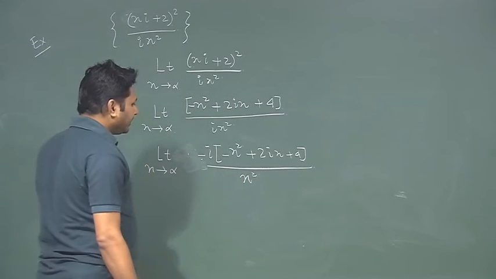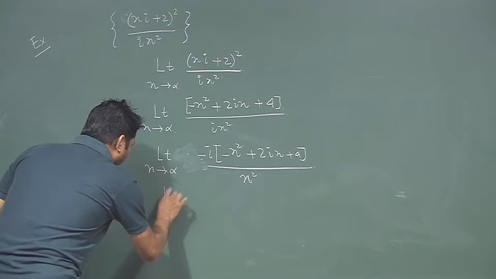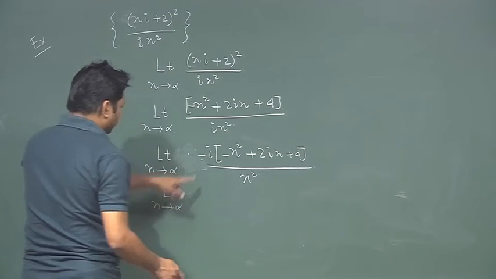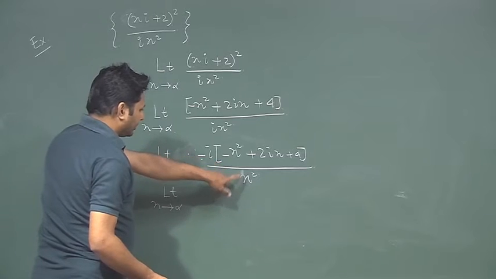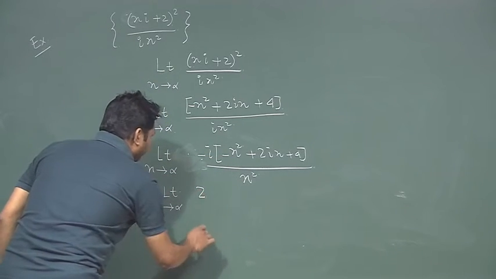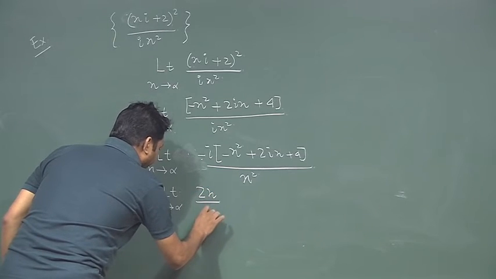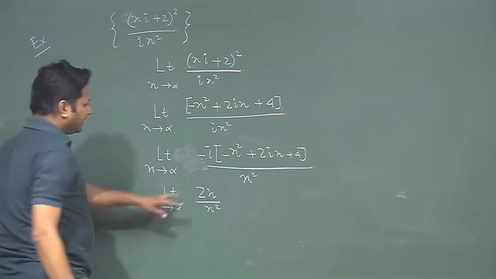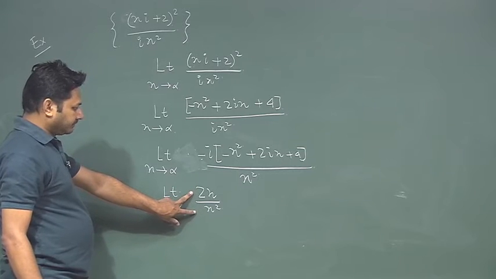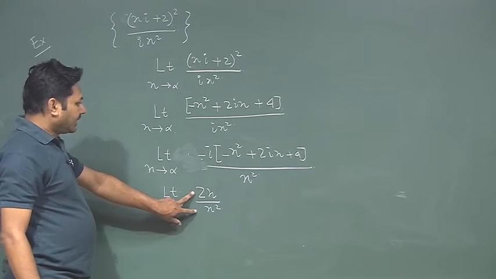So, real and imaginary parts I can separate out. For the limit as n tends to infinity, the real part, when I multiply, will be 2 n divided by n square. This is the real part that I should have.